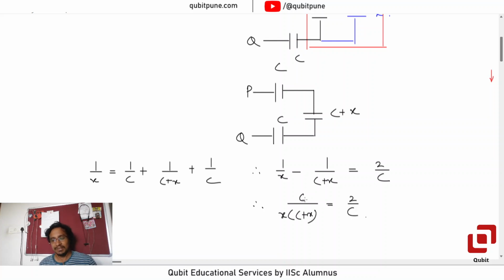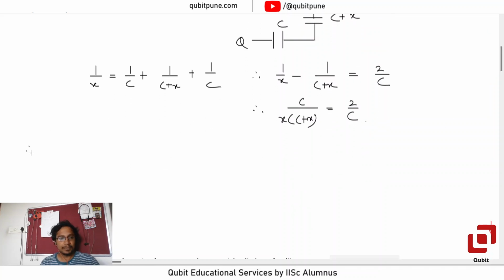C plus X minus X will be C. Now cross multiply, so I will get 2X into C plus 2X into X, and this will be equal to C squared, so minus C squared equals 0. Let us rewrite the terms in our standard order.